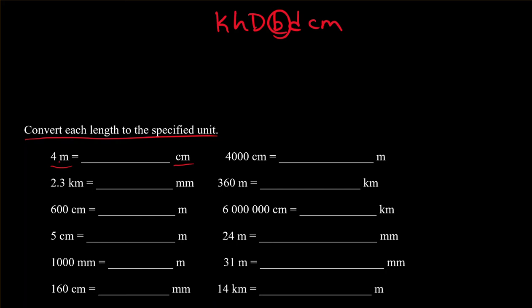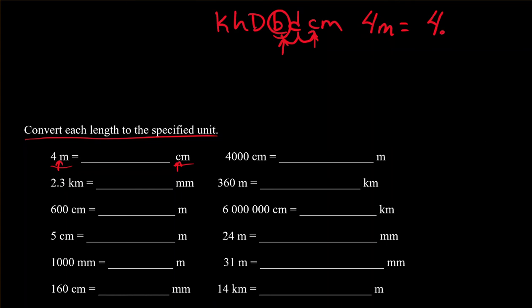There's no prefix in front of the M, which means we're at our base unit, meters. That's where we are in our mnemonic, and we want to turn this into centimeters. We ask ourselves how many times we have to move and in which direction. We move from the base unit once, twice, to the left. That means for 4 meters, I'm going to move the decimal 2 times to the right.